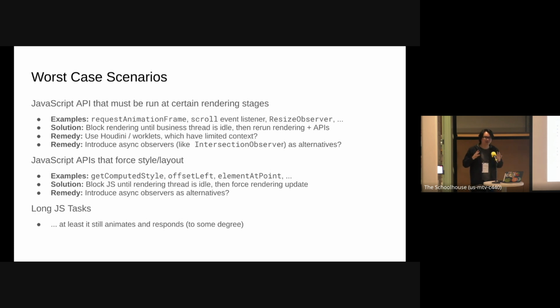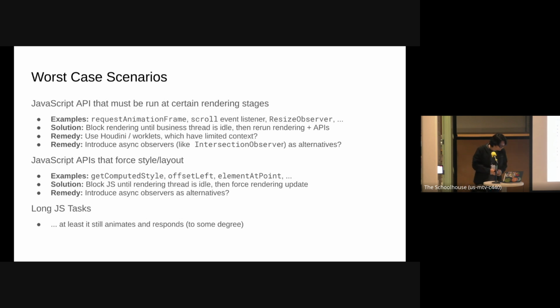So maybe the only way out is to introduce asynchronous alternatives and ask developers to use these asynchronous observers instead of synchronous functions. But anyway, we already know that these APIs are not good. So here is just another reason to make them even worse.